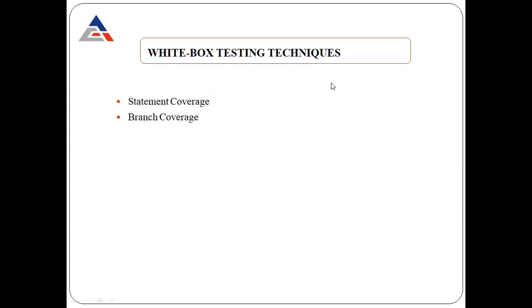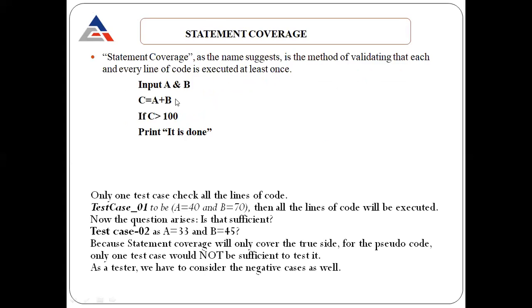So let's start one by one. First is the whiteboard testing technique, that is statement coverage and branch coverage. What do you mean by statement coverage? Statement coverage means that all the statements, all the lines of code that we have written in the application development, we check each and every statement one by one. As the name suggests, it is the method to validate that each and every line of code is executed at least once.